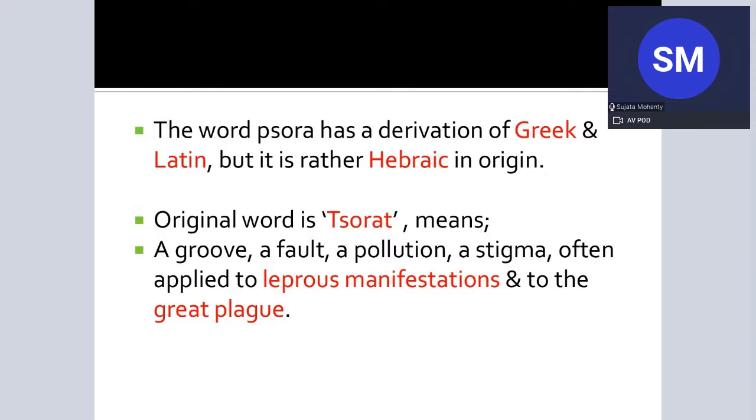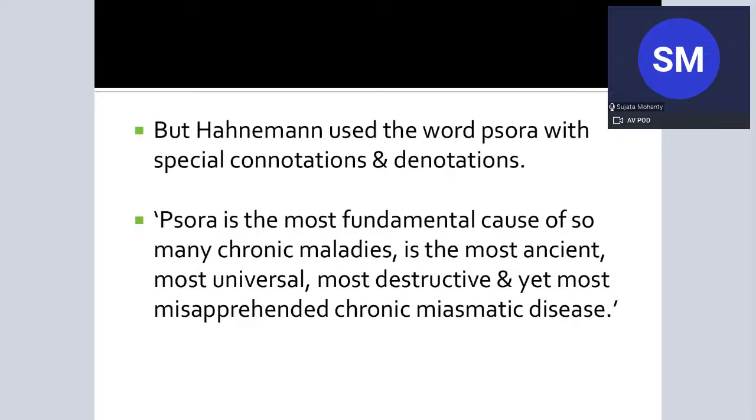The original word is Sorat, from which the word Psora is derived. Sorat means a groove, a fault, a pollution, a stigma, often applied to leprous manifestations and to the Great Plague.